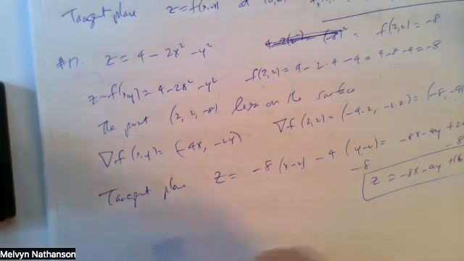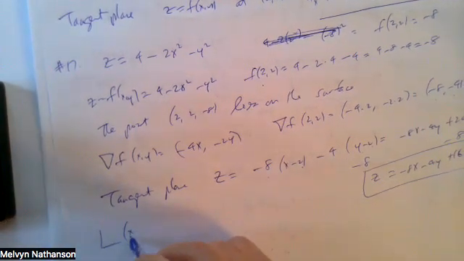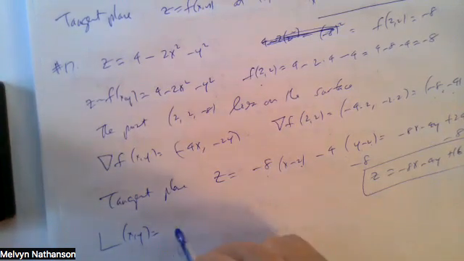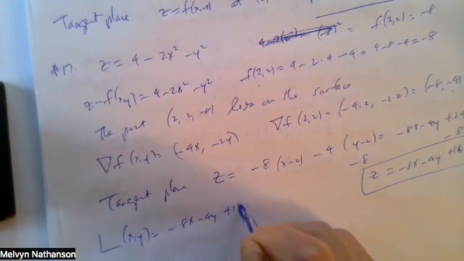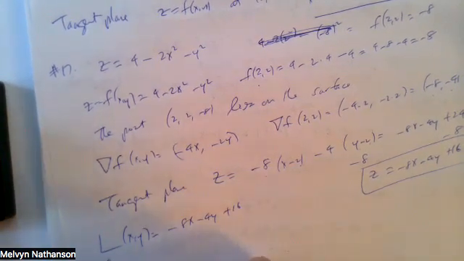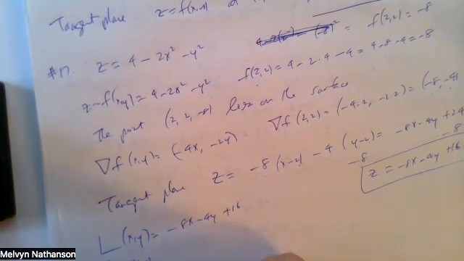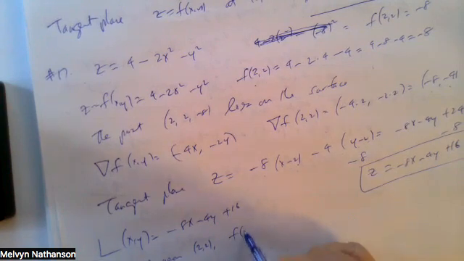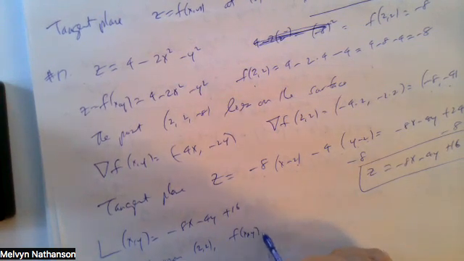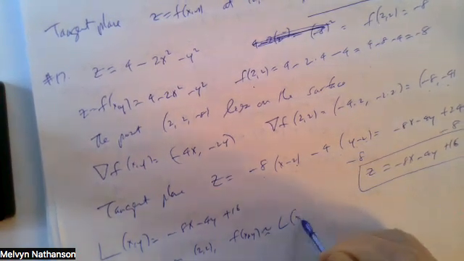And if I write this as L of x, y equals minus 8x minus 4y plus 16, then for (x, y) near the point (2, 2), f of x, y is approximately equal to L of x, y.